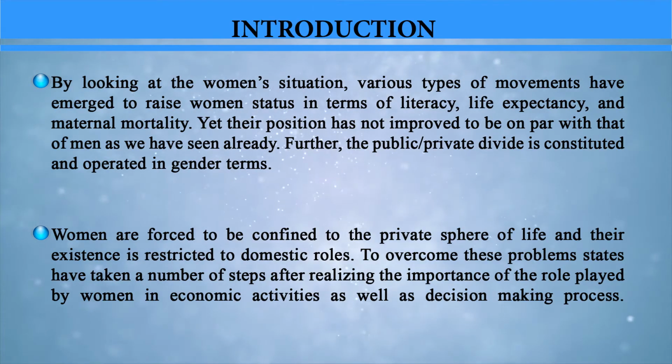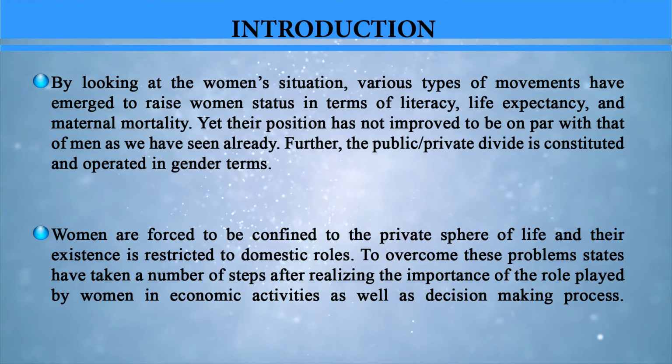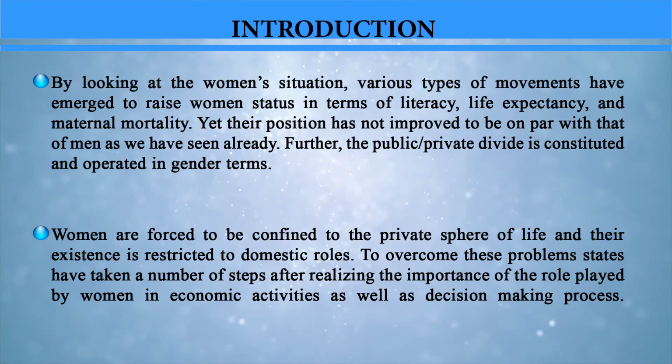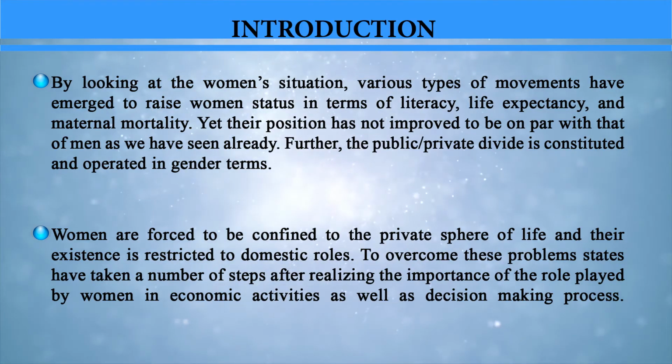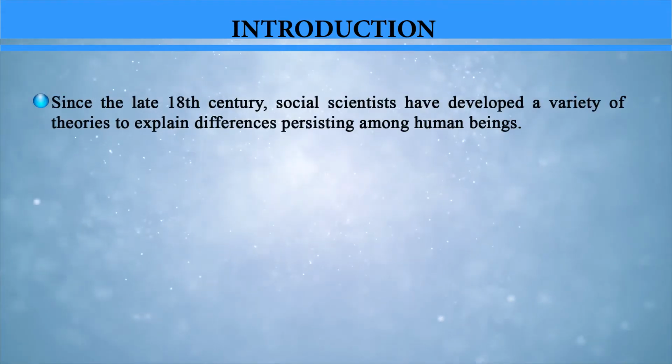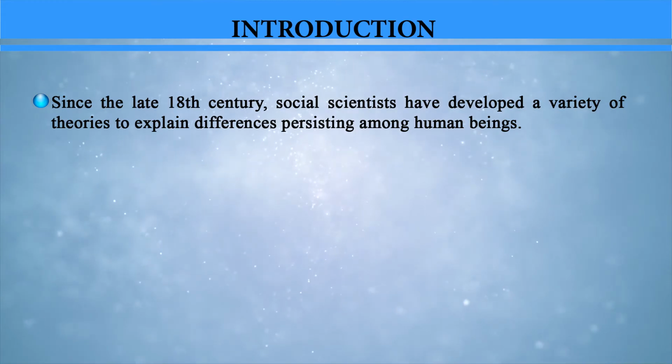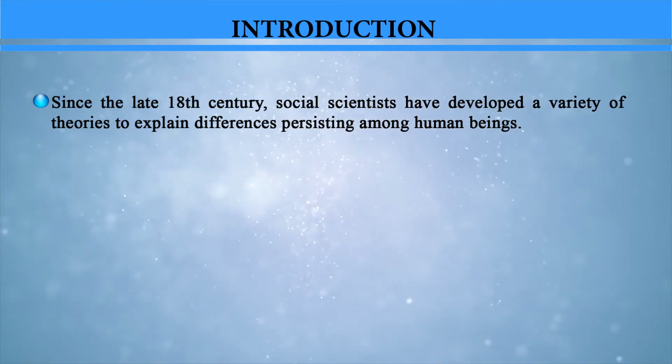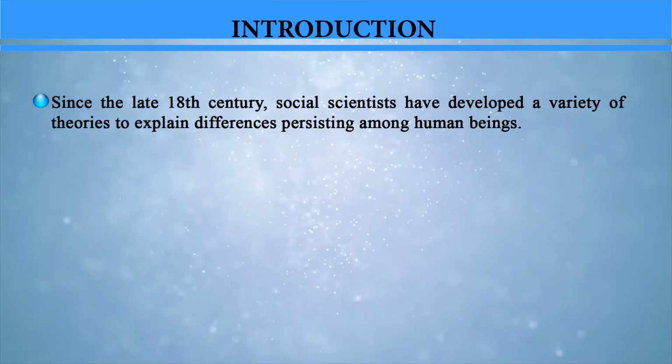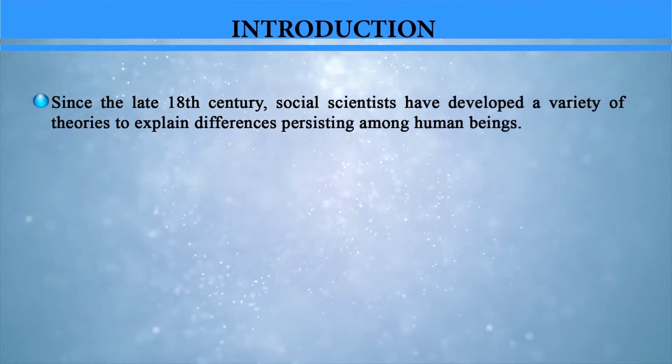To overcome these problems, countries like India have taken a number of steps after realizing the importance of the role played by women in economic activities as well as the decision making process. Since the late 18th century, social scientists have developed a variety of theories to explain differences persisting among human beings.